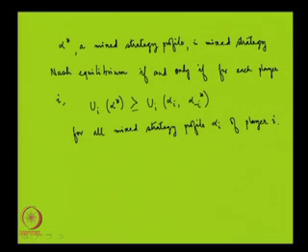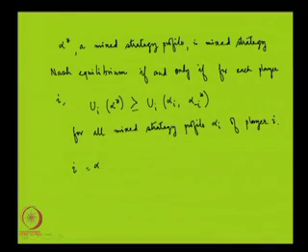What we are saying is the following: each player has a mixed strategy, and for player I this mixed strategy is alpha I star. And what is a mixed strategy profile? A mixed strategy profile is a collection of the individual mixed strategies of different players.